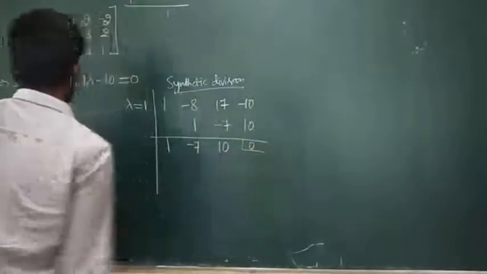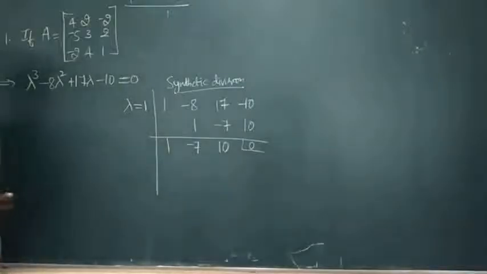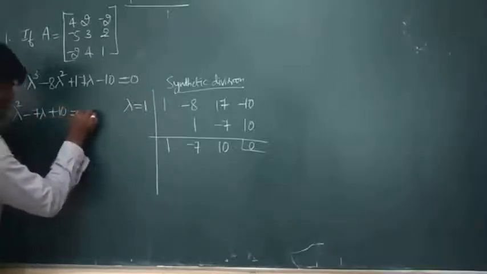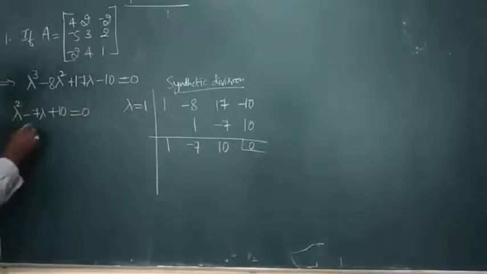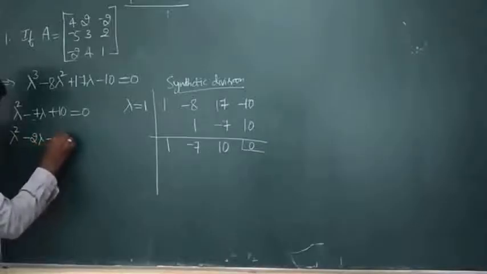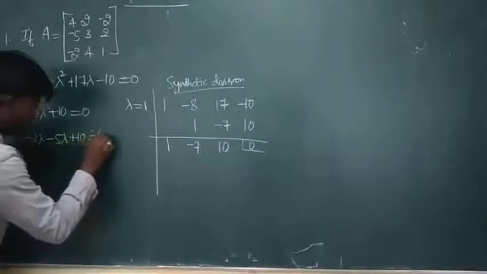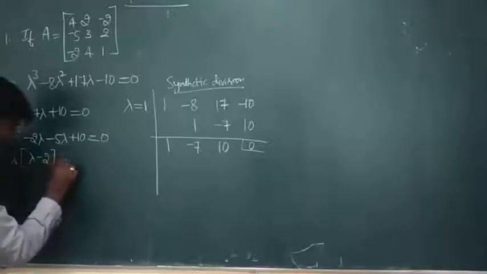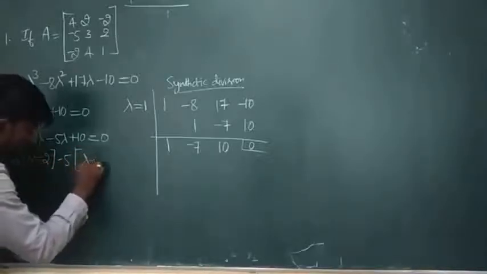This term is eliminated. Then the second order equation is lambda square minus 7 lambda plus 10 equals 0. Splitting minus 7: lambda square minus 2 lambda minus 5 lambda plus 10 equals 0. Taking lambda common, lambda (lambda minus 2) minus 5 (lambda minus 2).